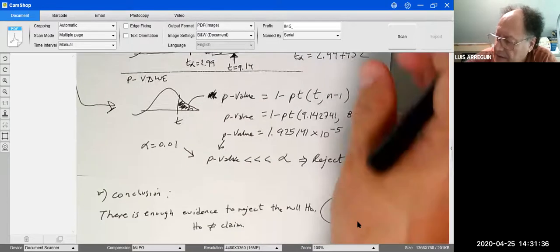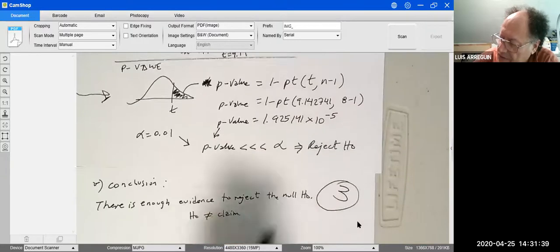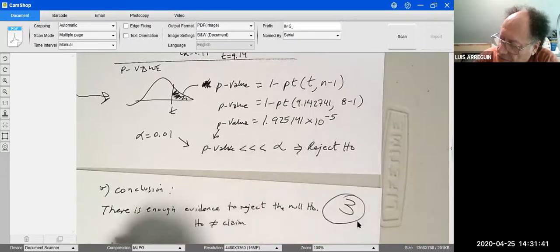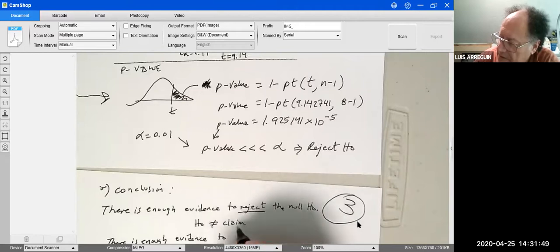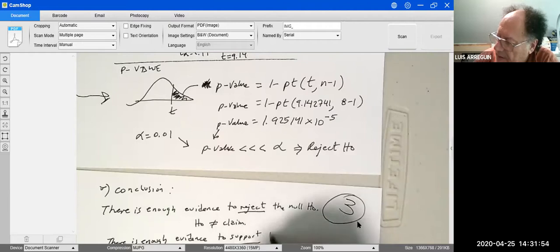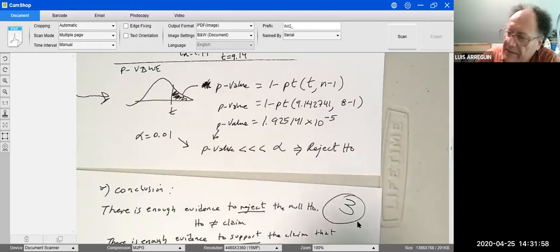So in this case, you just need to rewrite your conclusion as, there is enough evidence to, and since these are different, you're gonna switch the verb to support the claim that, and then the claim is there, just that mu d is greater than 0.